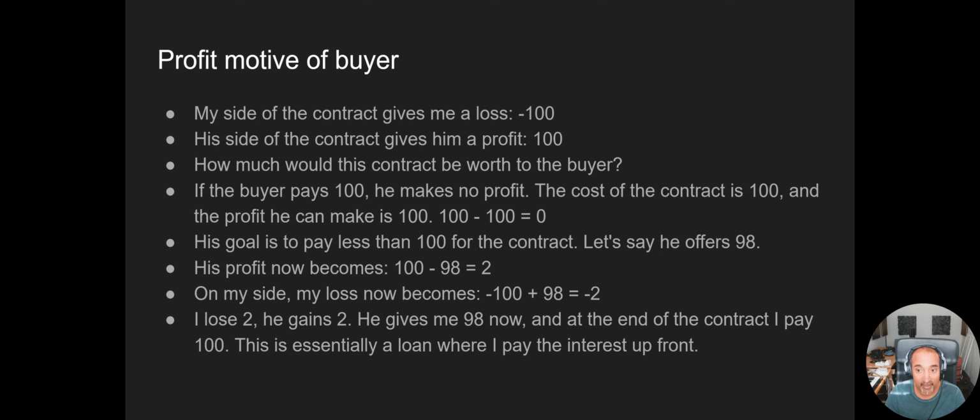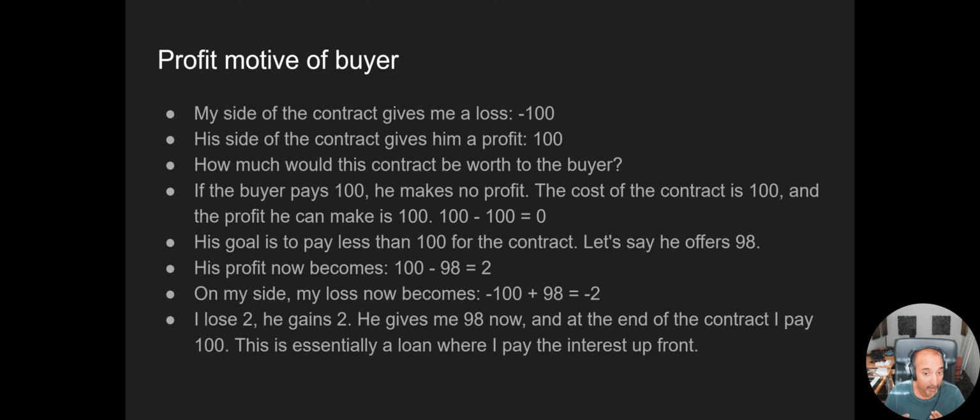So the 100 profit minus the 100 cost is 0. So from his perspective, his goal is to pay less than 100. So the lower, the better. He's going to try to go as low as possible because he's going to make the most profit in that case. Let's say, for example, he offers 98.